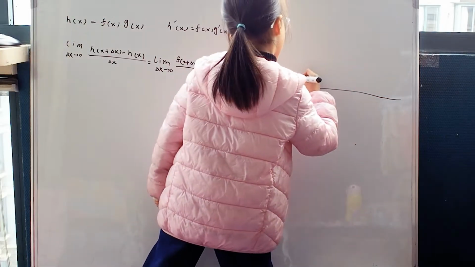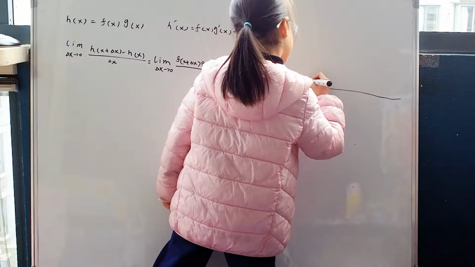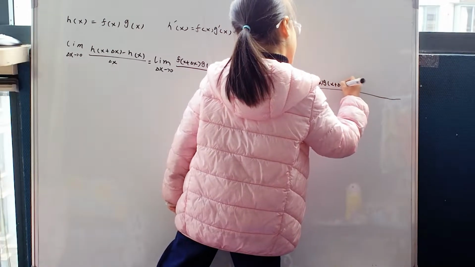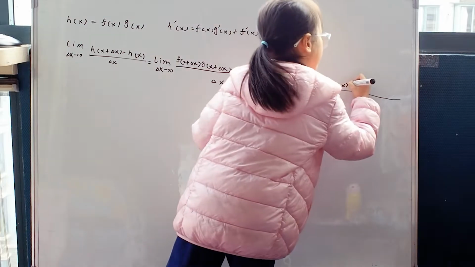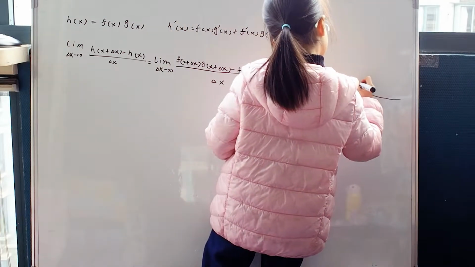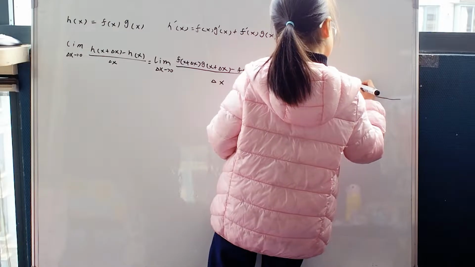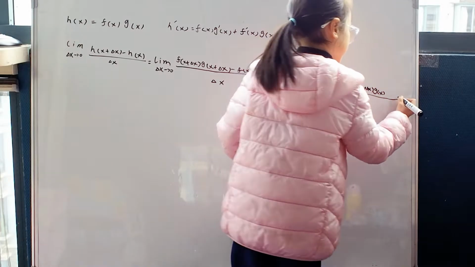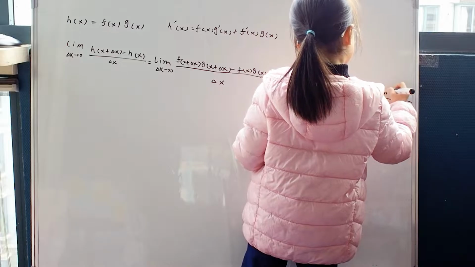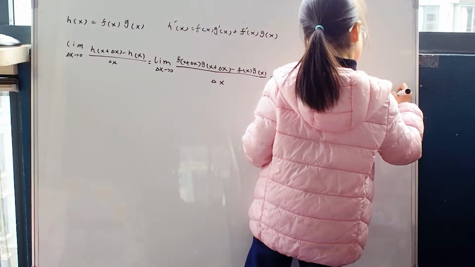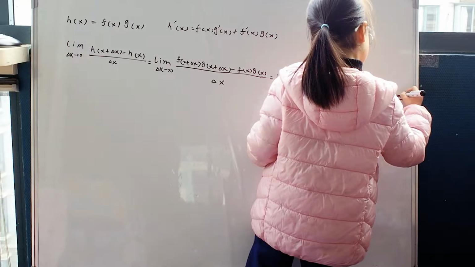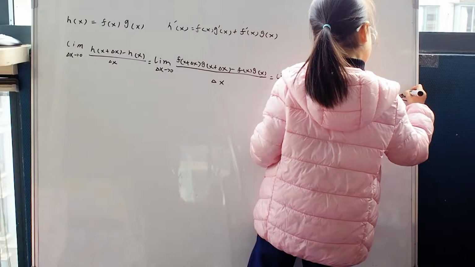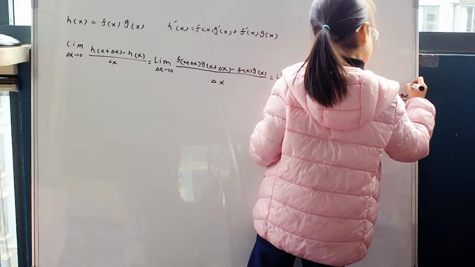Here, we let this part be f(x plus delta x) times g(x plus delta x), minus f(x plus delta x) times g(x), and plus f(x plus delta x) times g(x), and then minus f(x) times g(x).